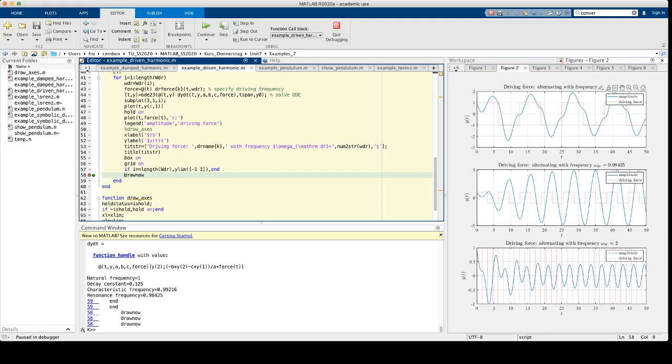At the resonance frequency, the amplitude is almost 5. So it's much larger than before. It's again shifted by pi over 2, and with a large driving frequency, we again get smaller amplitudes and a shift of pi, half a period.